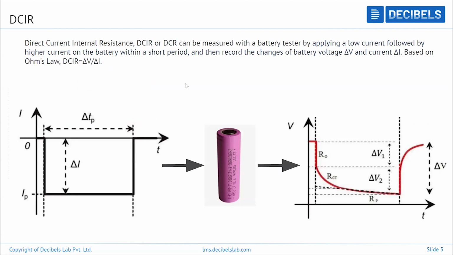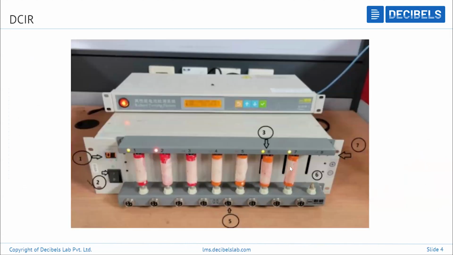First, the long form of DCR is direct current internal resistance. So what do they want to achieve with this DCR? Let me pen here. Let's say you have a cell testing machine. Eventually it looks something like this, right? So this is a DCR testing machine. You can see some cells arranged in the machine.